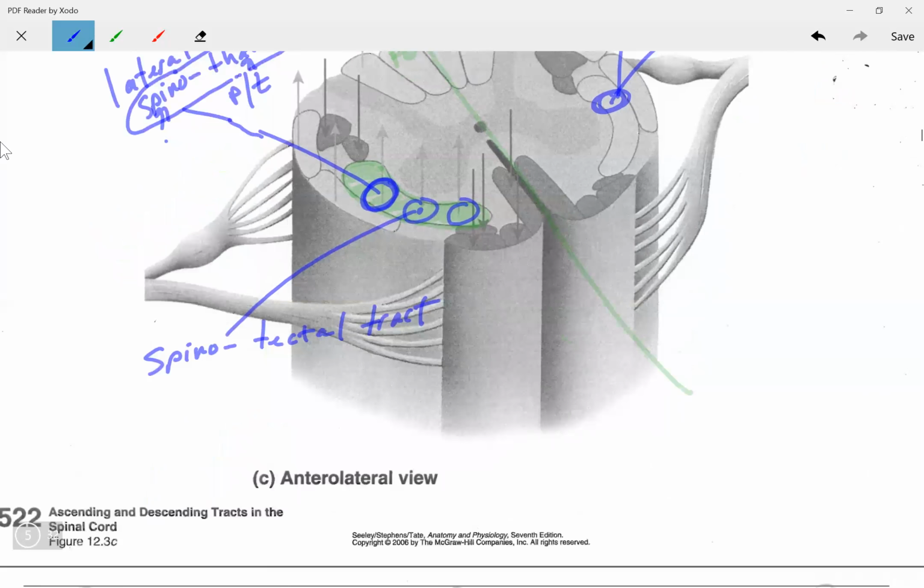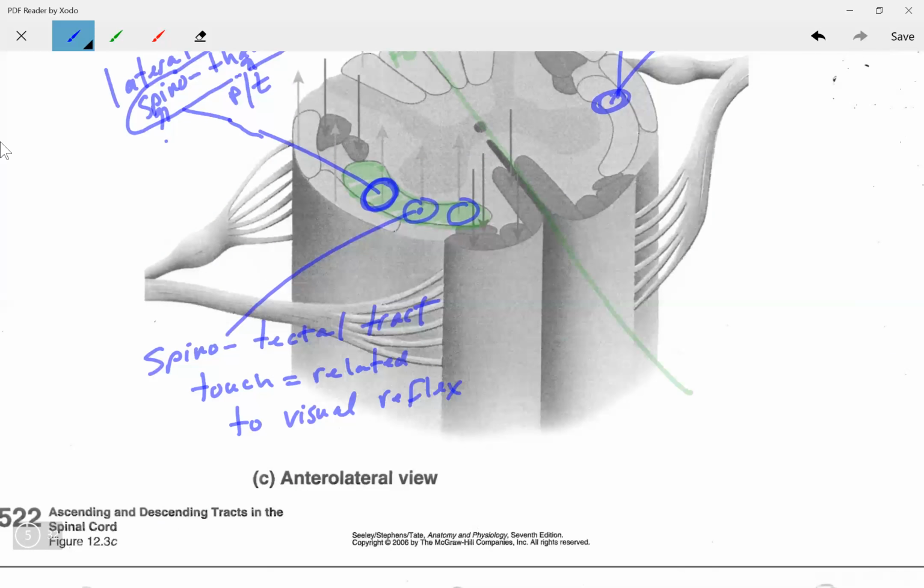Okay, and this is responsible for touch related to visual reflexes. Spinotectal tract.